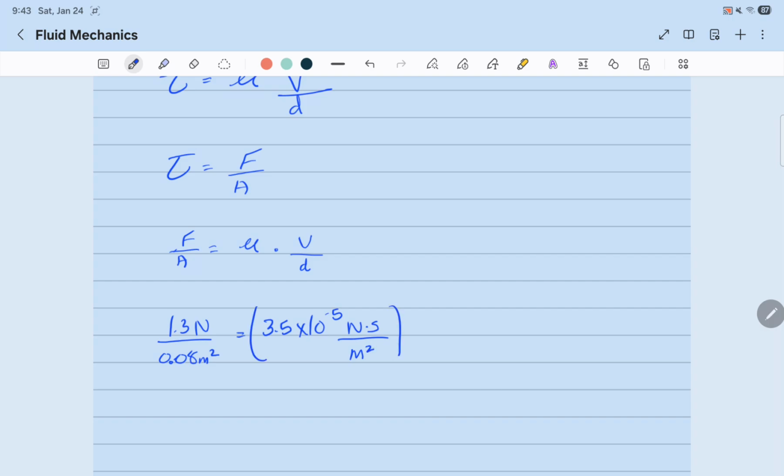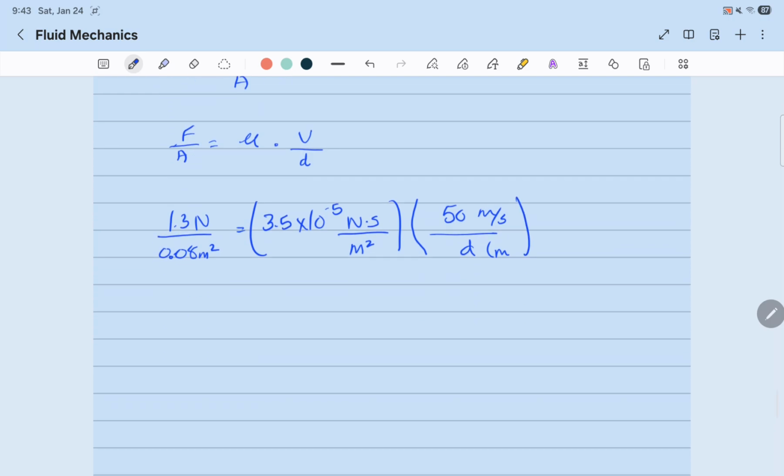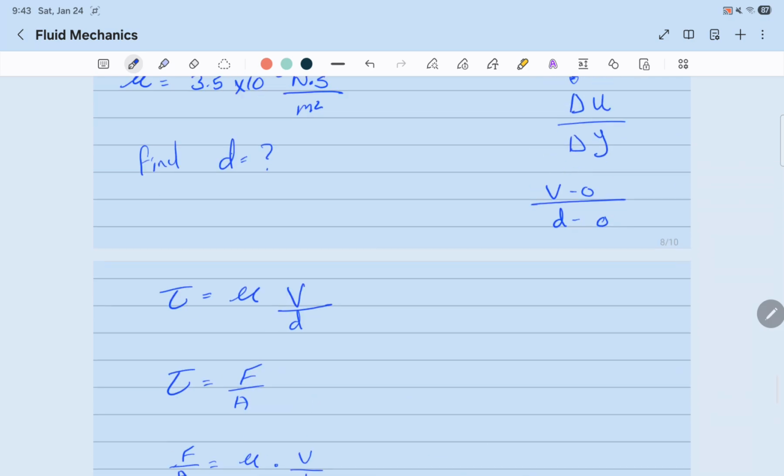Make sure you put in the units, times 50 meters per second over d, which is in meters. Okay, we'll end up having a d value of 11.7 times 10 to the power of negative 4 meters. And that's your final answer. That's the thickness of the water.